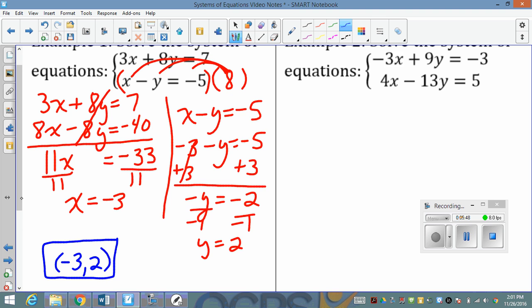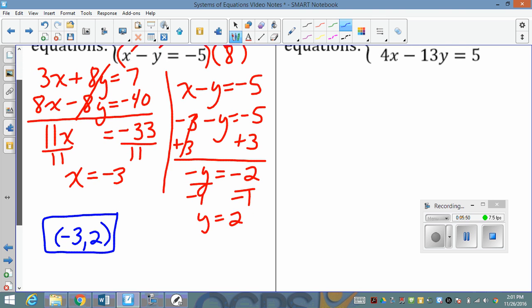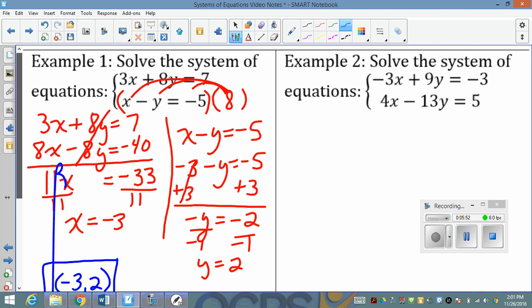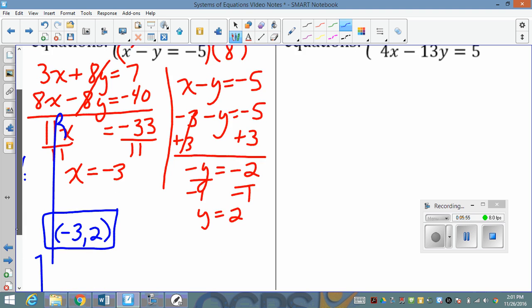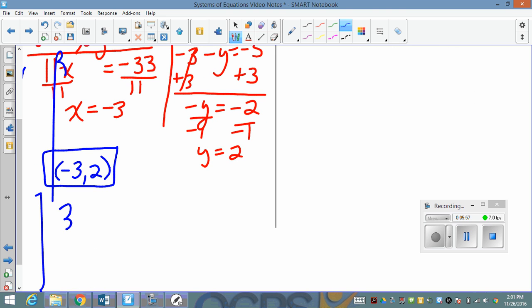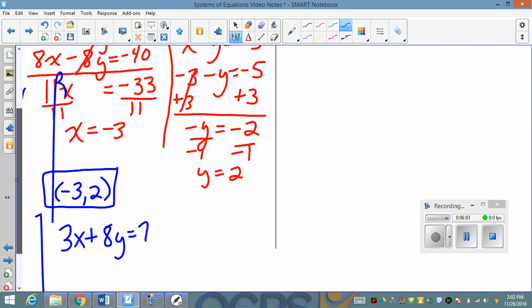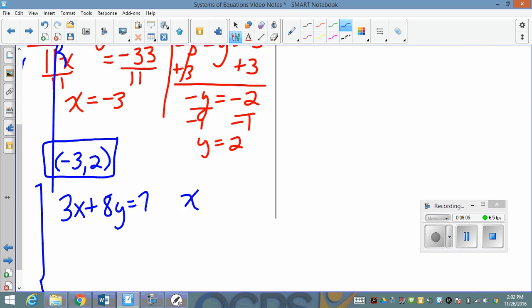So my two equations: 3x plus 8y equals 7, and x minus y equals -5. I'm going to plug these two things in.